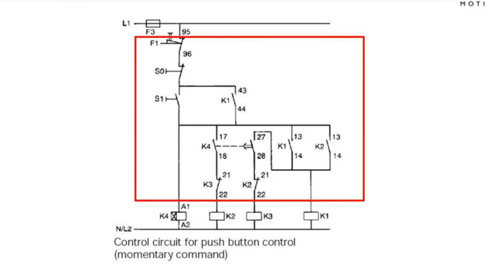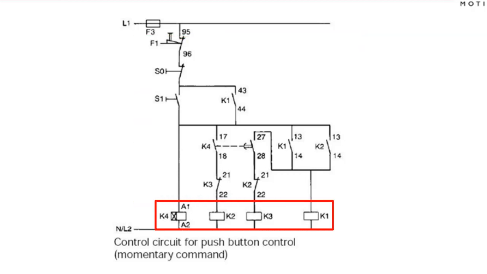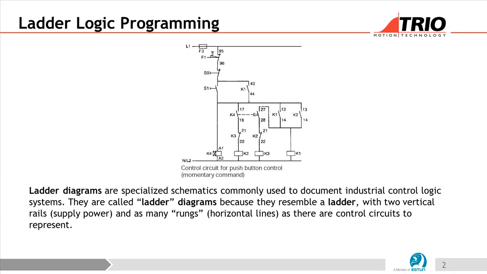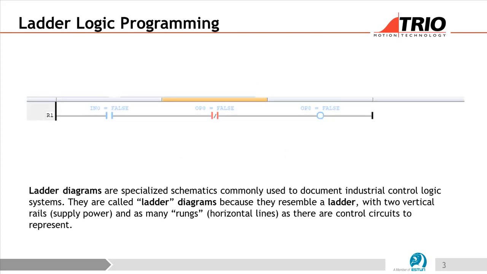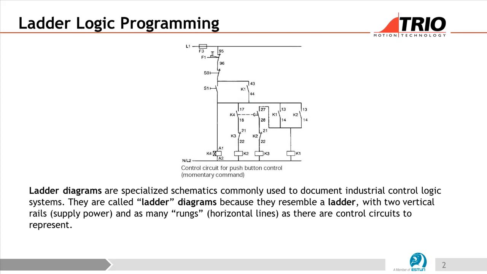So you have contacts, and you've got coils to activate. It's very easy to understand if they come from the same platform or structure. So if you imagine that, and then you rotate it 90 degrees counterclockwise, you have ladder logic.